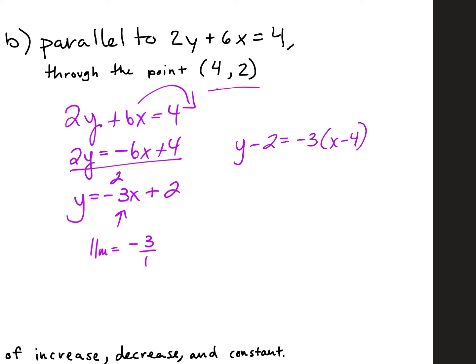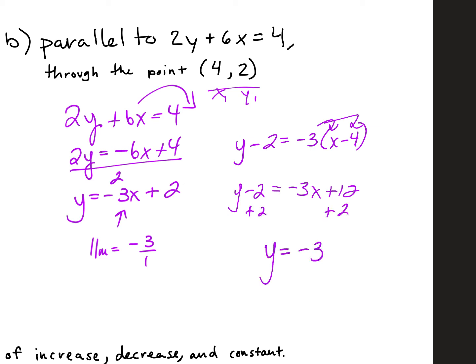I just use this as x1 and y1. So we distribute our negative 3. So y minus 2 equals negative 3x plus 12. Agreed? Add 2 to both sides, and I get y equals negative 3x plus 14. Perfect.